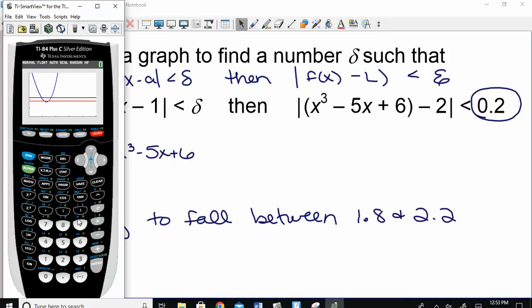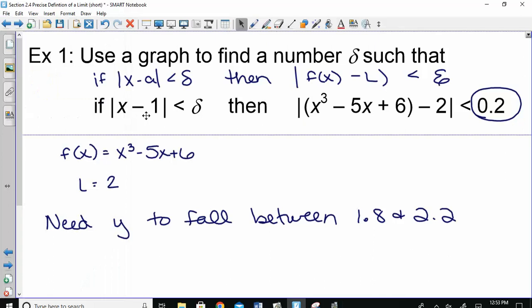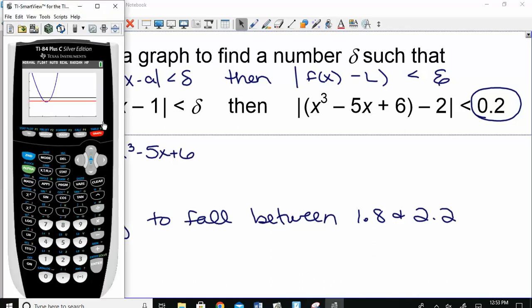And there's 2.2. And I am worried when x is close to which value? If you look at this original statement, I want x to be close to 1. So I want to know how close to 1 we have to be so that my y falls between these values. So we know it hits my graph twice, but when x is 1, it's here. So we're looking at these.